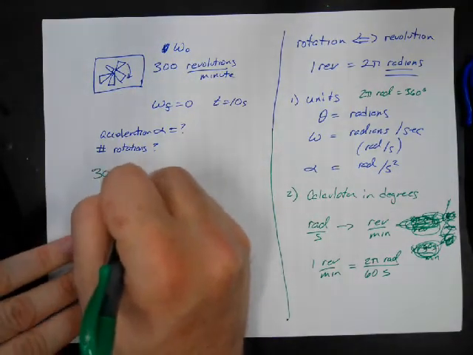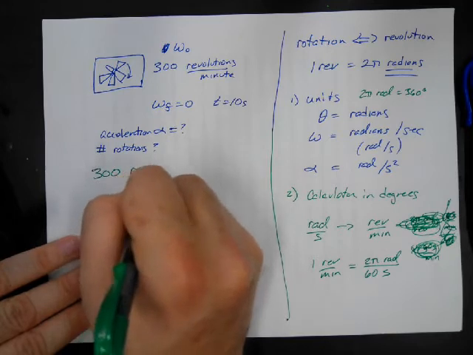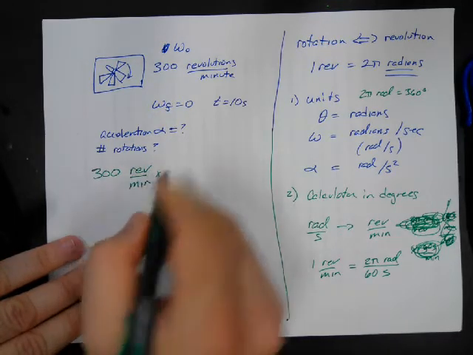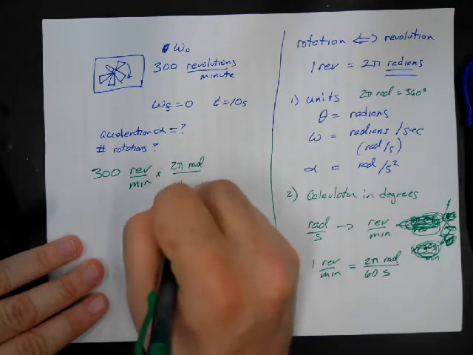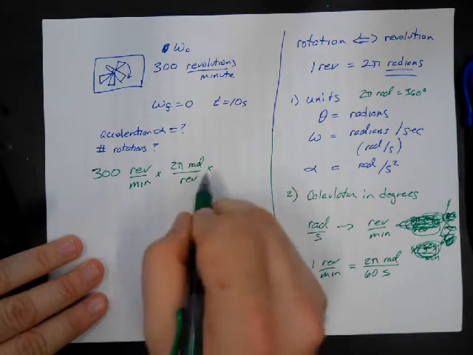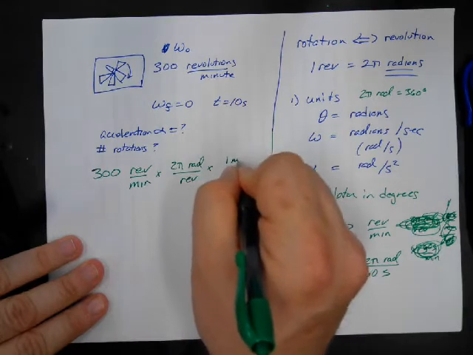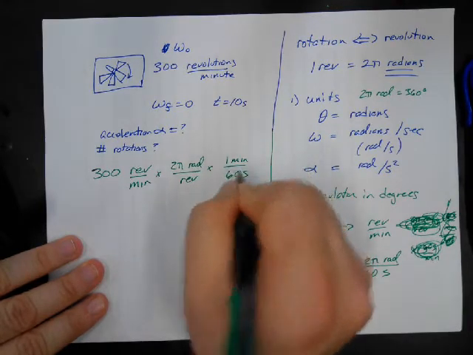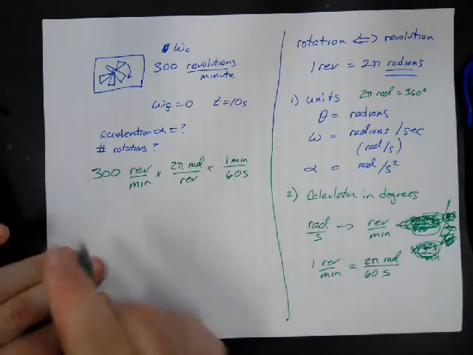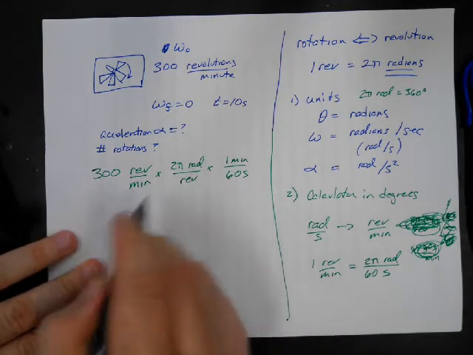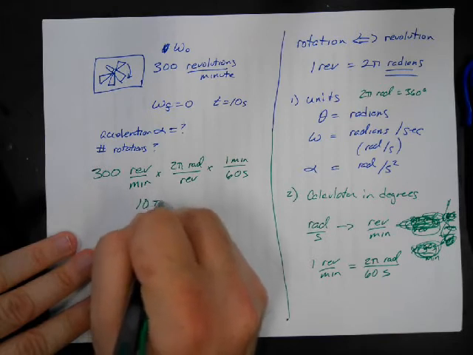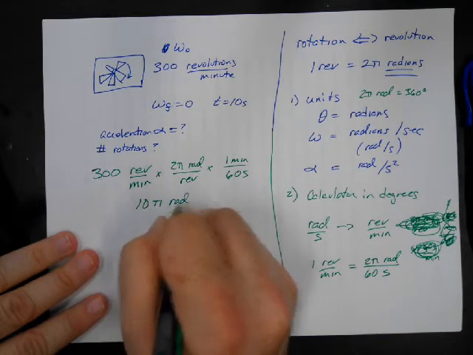300 revolutions per minute times, well, 1 revolution is 2 pi radians, and 1 minute is 60 seconds. So we'll do 300 divided by 60 is 5, and then 5 times 2 pi is 10 pi radians per second.